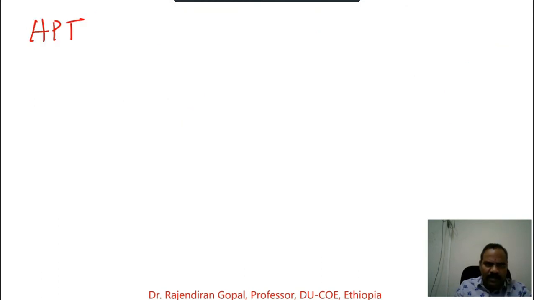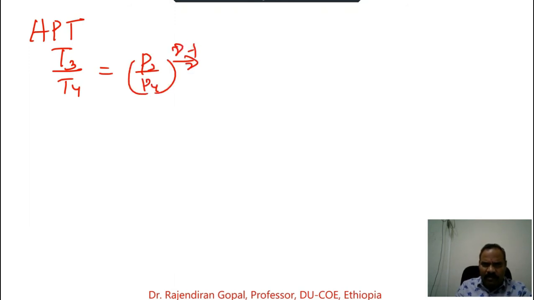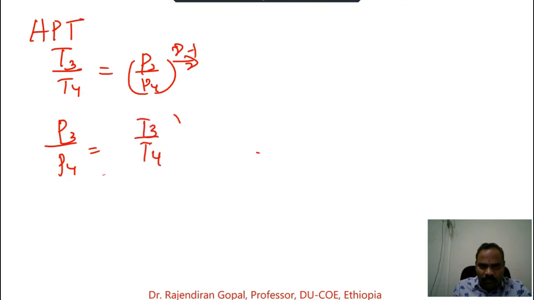Now for the high pressure turbine, T3 by T4 is equal to P3 by P4 whole to the power gamma minus 1 by gamma. Then P3 by P4 is equal to T3 by T4 whole to the power gamma by gamma minus 1.